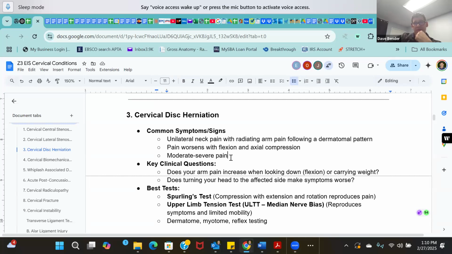Now she described that the pain came on a little bit later in time. So what does that tell us? Does that seem reasonable with the disc herniation? The pain may onset the next morning when she wakes up or later that night.